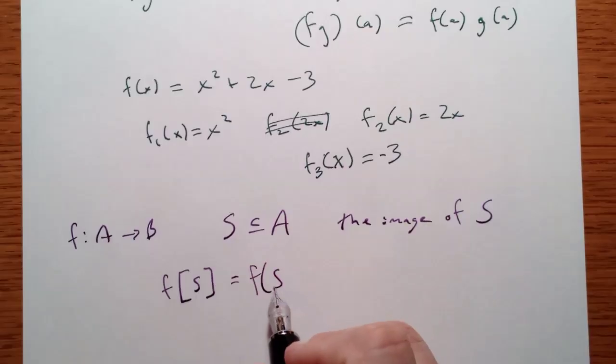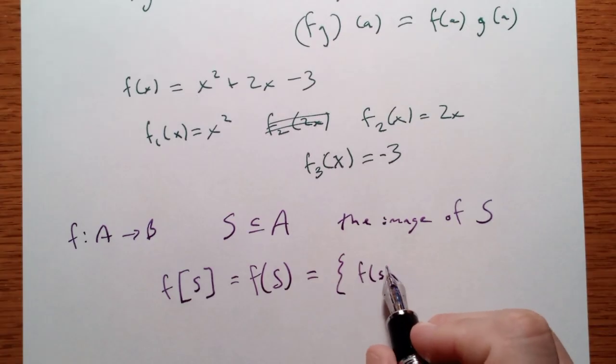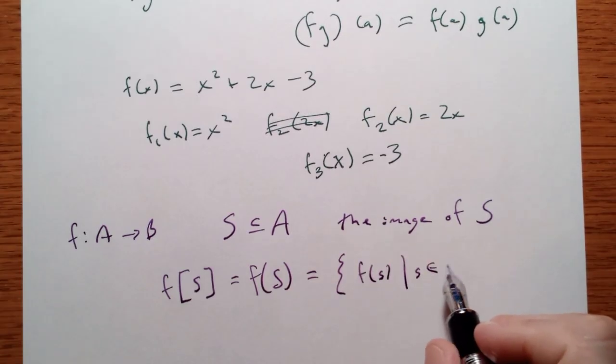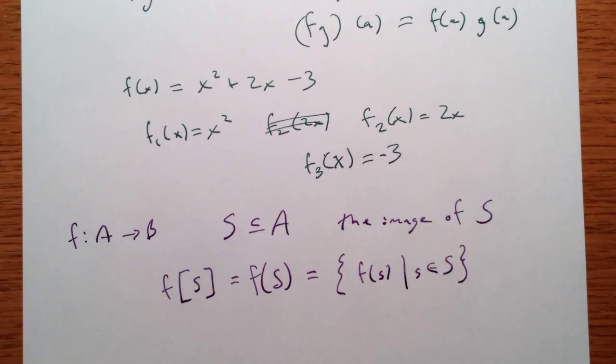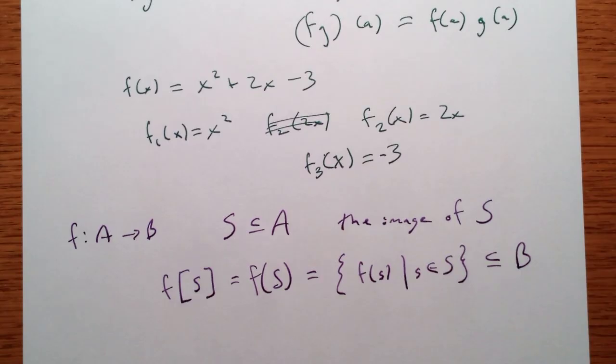Sometimes people will just write F of S. It's the collection of F of little s so that little s is in my set S. This is a subset of B, just like the range. I don't want to just do it to one number. I want to do it to a whole bunch of numbers.